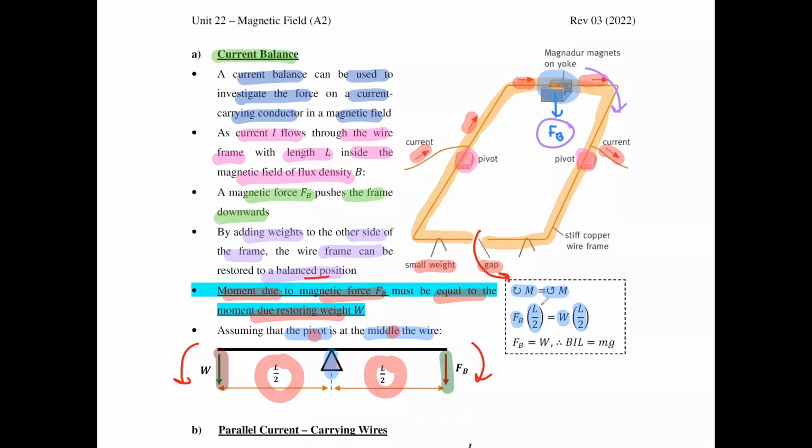So they cancel each other off, eventually giving you FB equals W. And then you already learned just now that the magnetic force acting on a wire perpendicular to the magnetic field is BIL. So this one changes to this. And then you already know that weight equals mg. So this changes to this. So from here, you can actually do some calculations to find out specific quantities that are required by the question. Okay. So let's just do some questions from here.